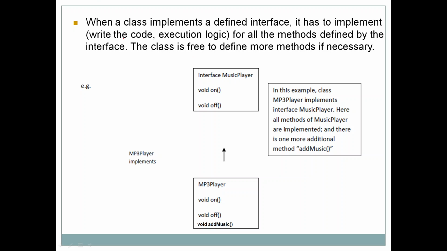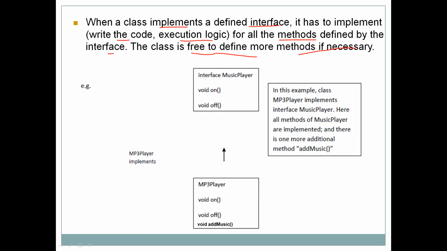So when a class implements a defined interface, it has to write the code, that is execution logic, for all the methods, remember, all the methods defined by the interface. The class is free to define more methods if necessary.